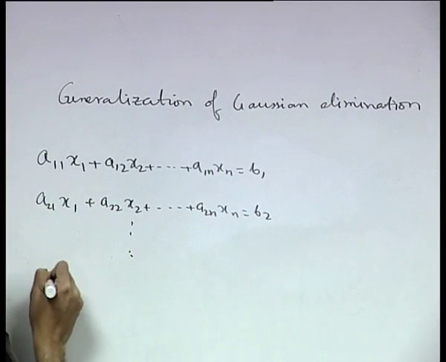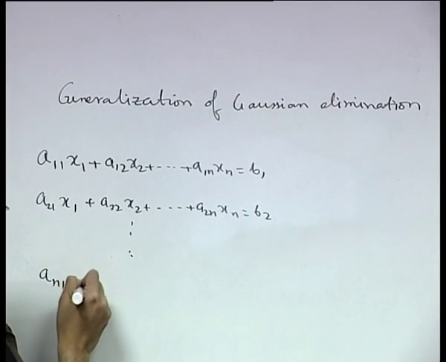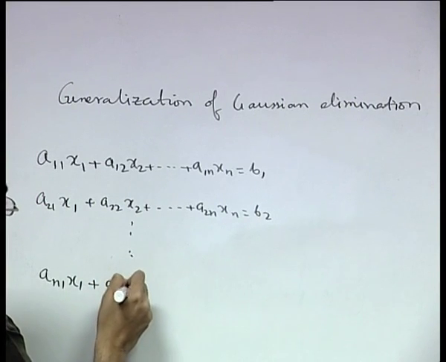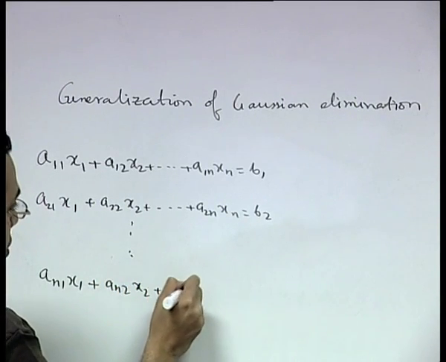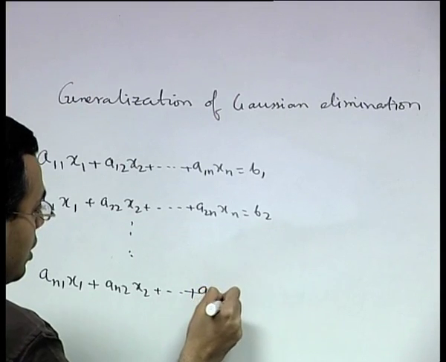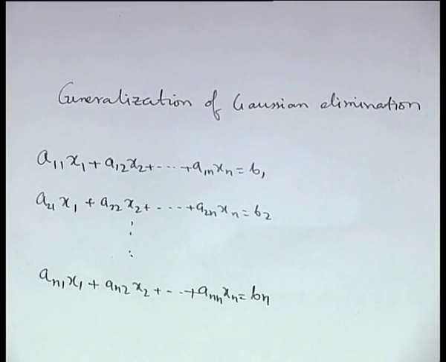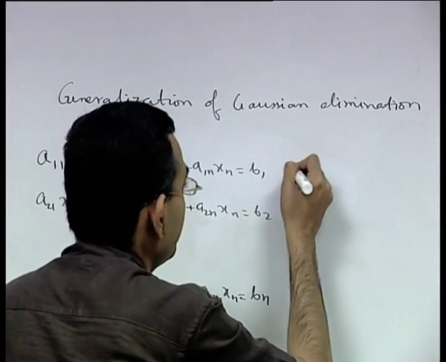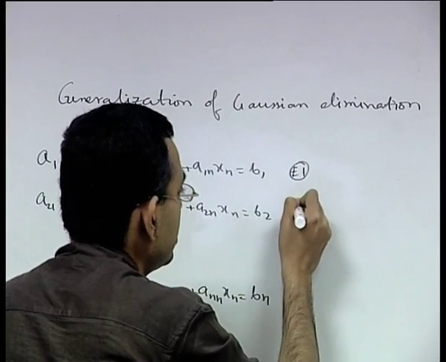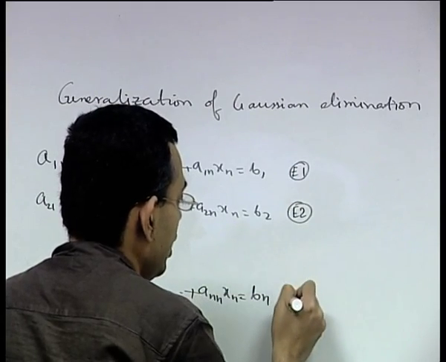In this way, an1 x1 plus an2 x2 plus ann xn is equal to bn. We give these equations some numbers. This is E1, this is E2 in this way, this is En.